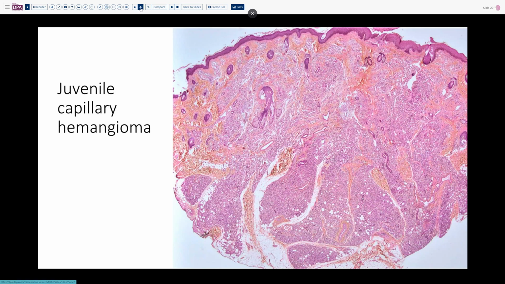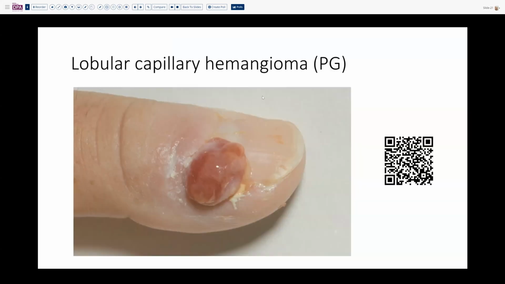So going on to the next lesion, which is very common and something you're virtually certain to see, the lobular capillary hemangioma. As you can see here on a digit, the distal extremities, but also can be present in a variety of locations, including mucosal sites like on the lip or the tongue.